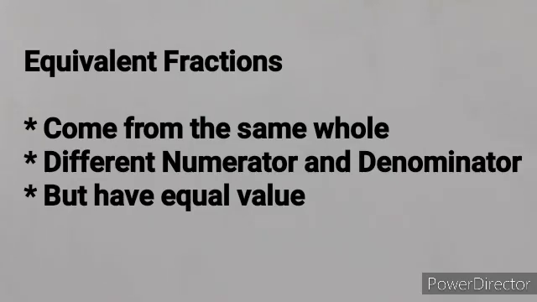Till last class we saw that the numerator was same or the denominator was same, but here both the numerators and denominators, the numbers will be different, but still both the fractions will have the same value, equal value. That is why they are called equivalent fractions. They come from the same whole.